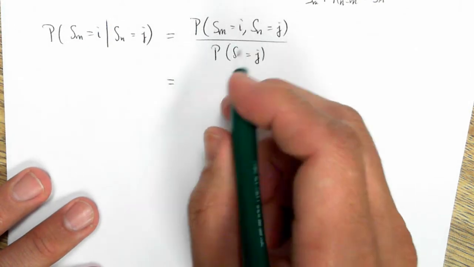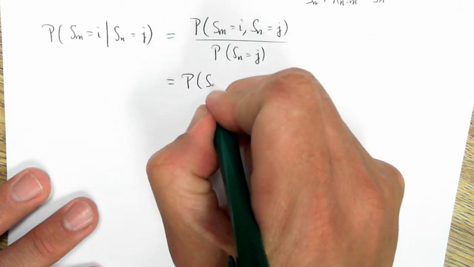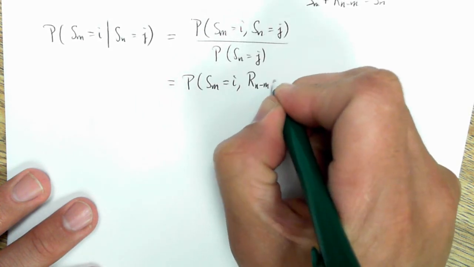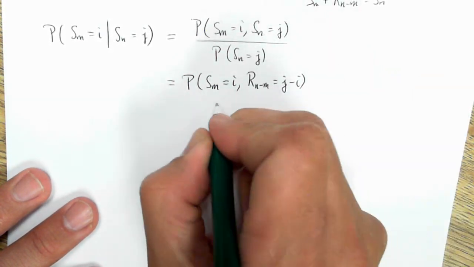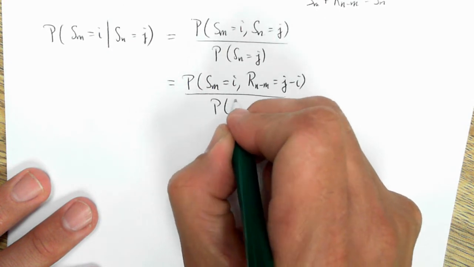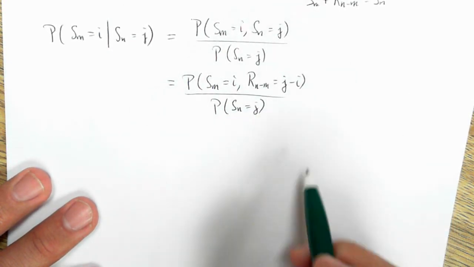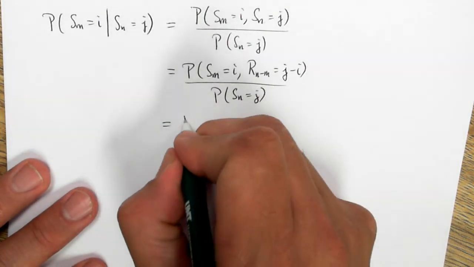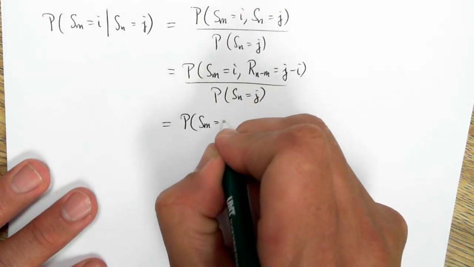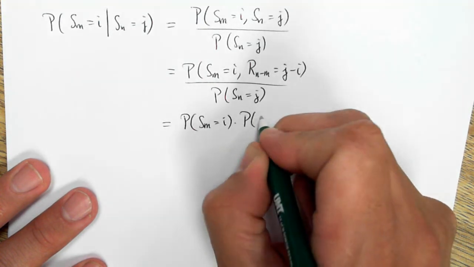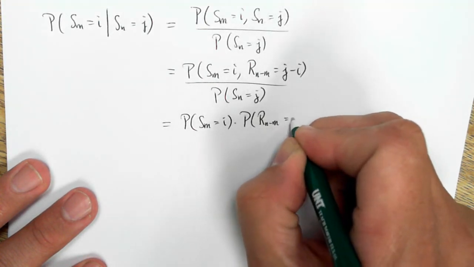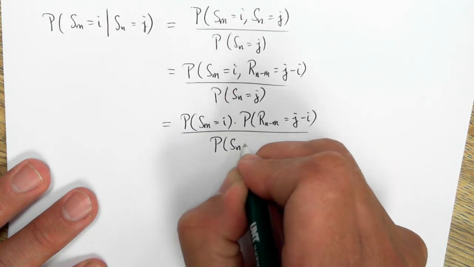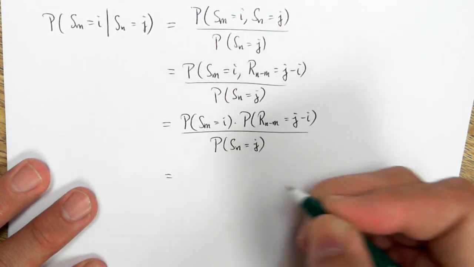I'll split this up: S sub m is equal to i, and the remaining number of successes is j minus i. Now these two are independent, so I can split it into the probability that S sub m is equal to i times the probability that the remainder is equal to j minus i, divided by the probability that S sub n is equal to j.